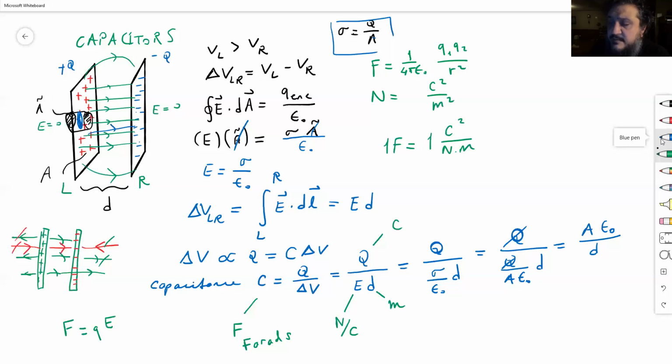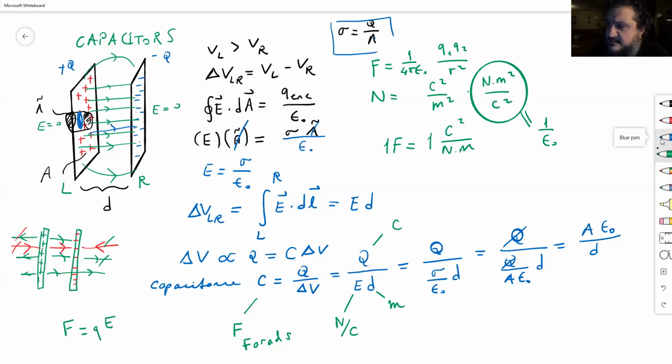So the unit of the electric constant will be Newton meter squared per Coulomb squared. Now this will be the unit of also 1 over epsilon 0, which I have here.